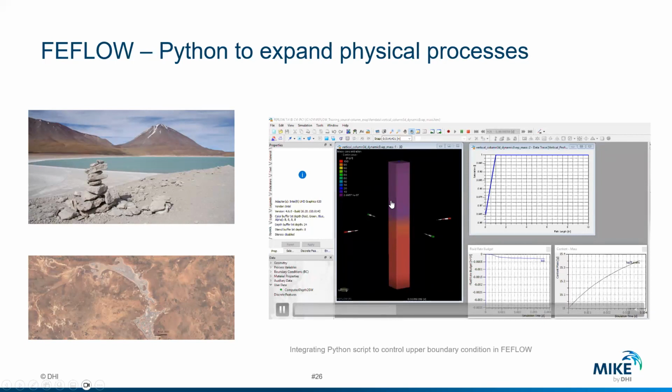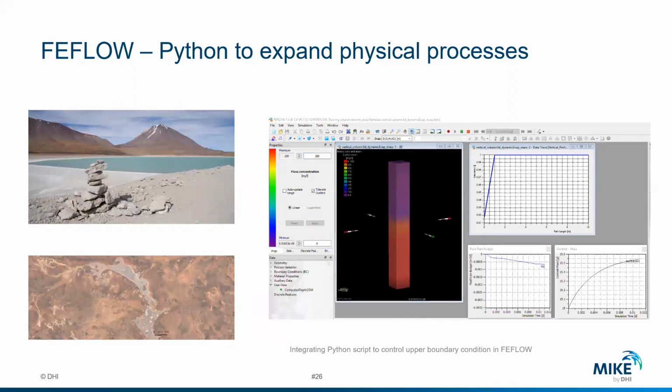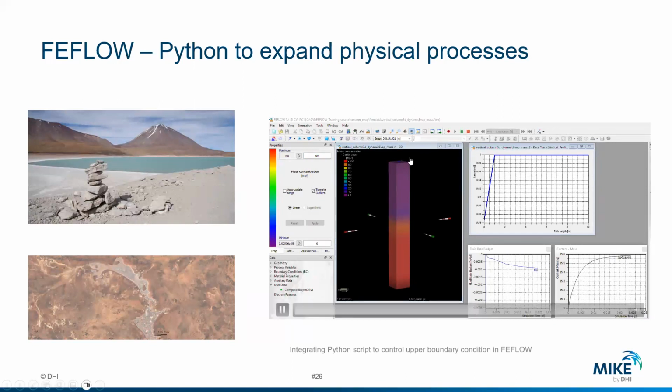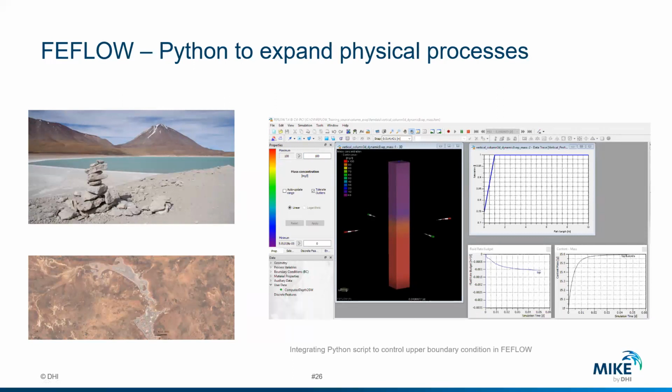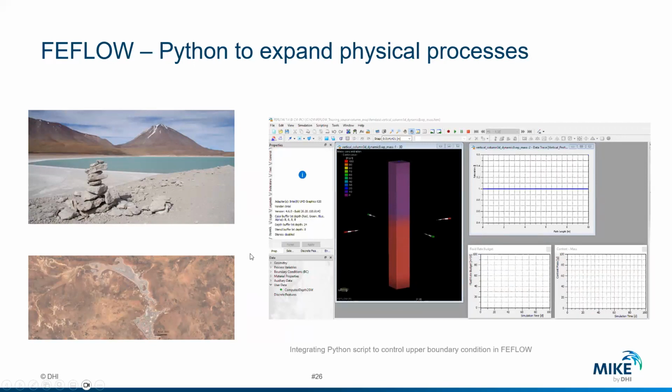You can see here that the concentration will also rise because you are evaporating fluid, so you are reducing the volume, but the mass is still staying in the system. So then you need to know until what point this is admissible, because in reality the concentration will not continually increase all the time. You will also have some saturation, so it will precipitate, and this can also be modeled. In this example, I'm using a Python script to control some of the evaporation fluxes.